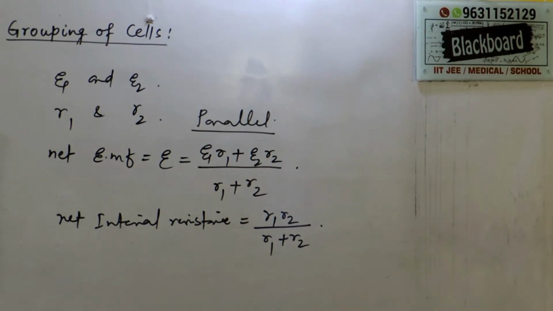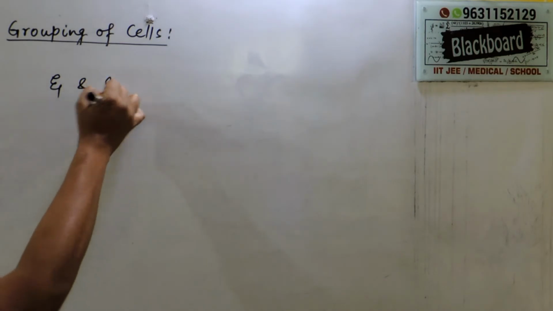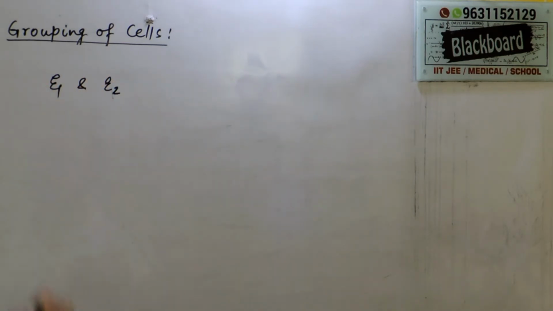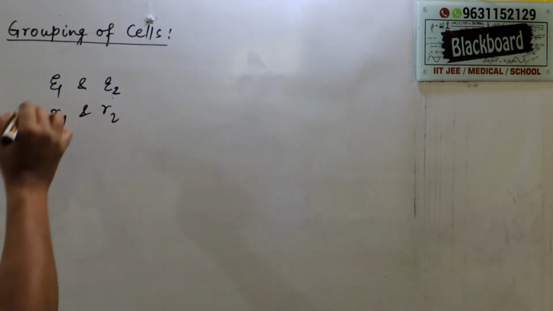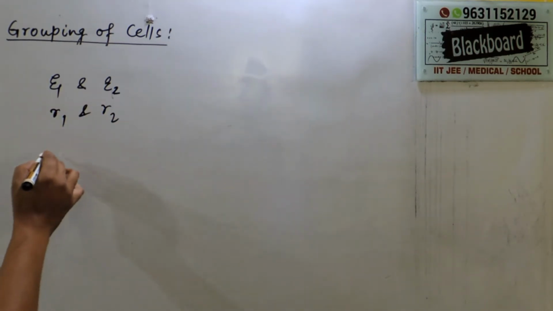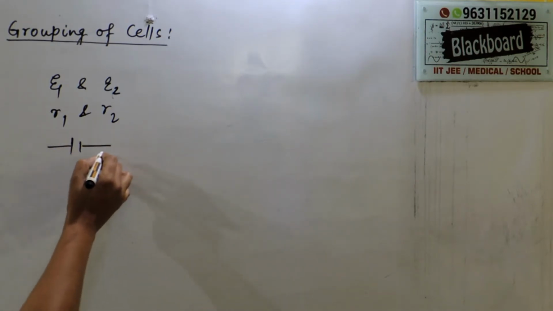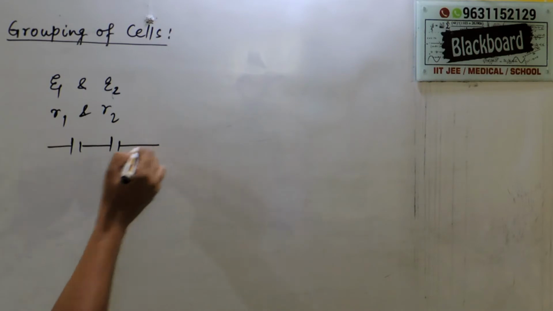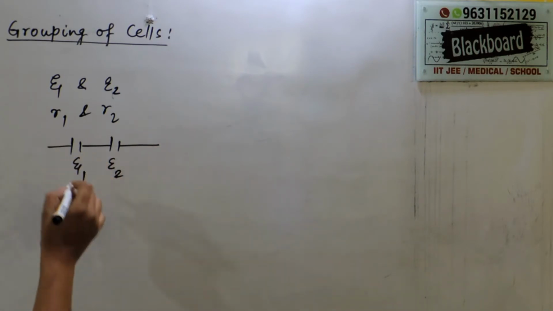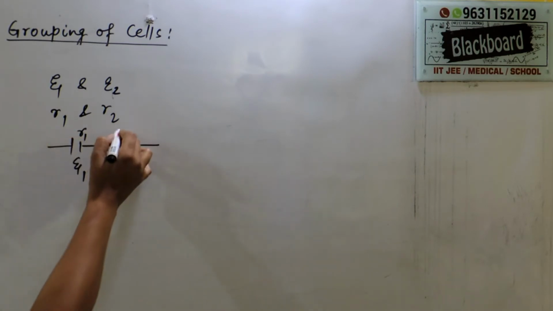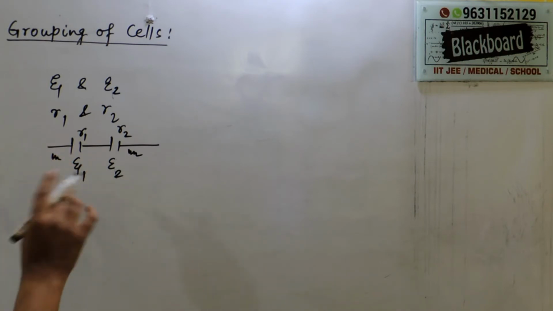You can say if two cells of EMF E1 and E2, having internal resistance R1 and R2, are combined in series, for example, this is one battery and this is another battery, this is E1, this is E2, and here internal resistance R1 and this is internal resistance R2.